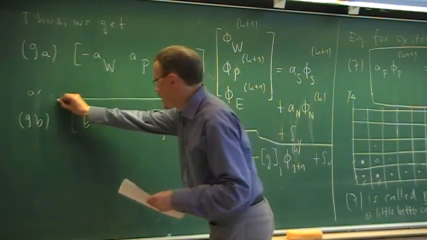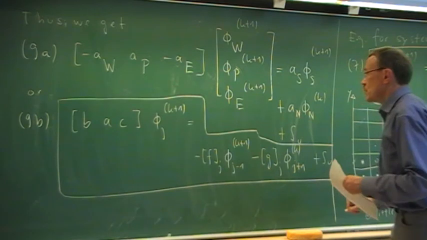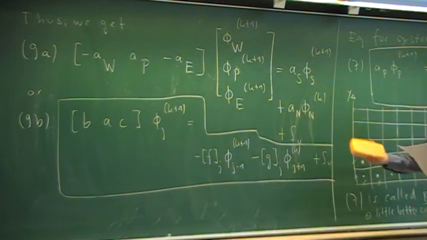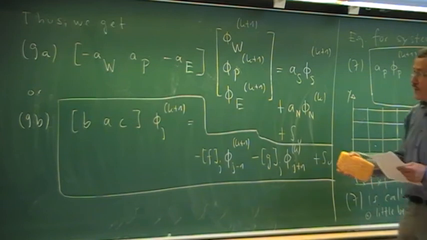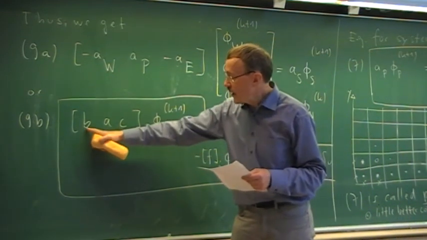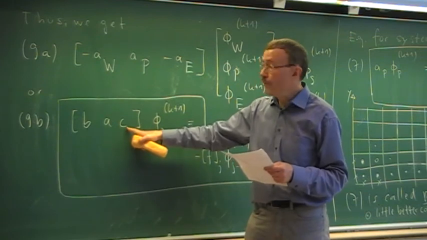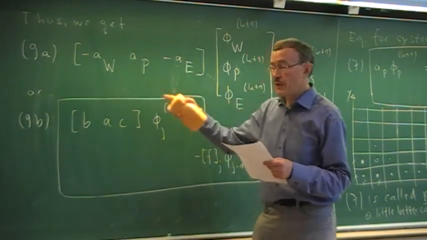So we can interpret it in these two ways, either with the letter notation or with the index notation. Remember, the B was coming from the A minus A W and the C from the minus AE. So that is the correspondence here.